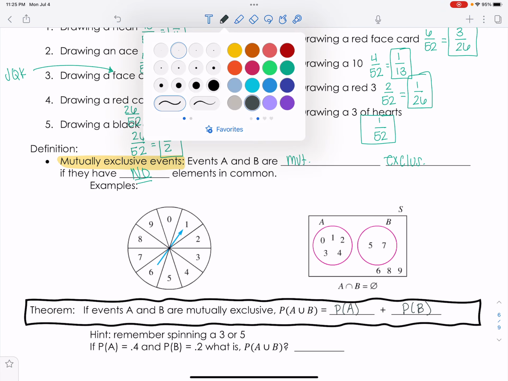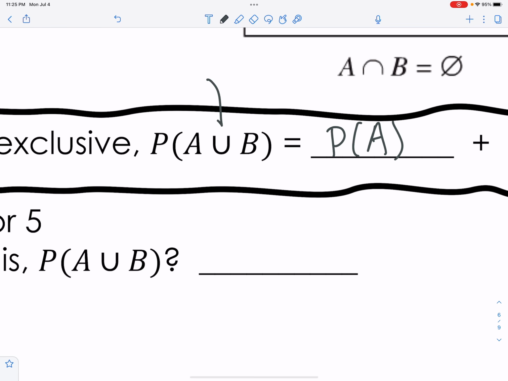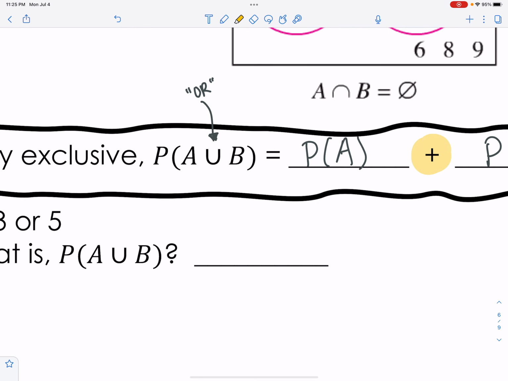We already did that definition earlier, but now we're just officially putting that on. This is read as A or B. So make a note to yourself that "or" is going to be your clue to add them. And I'm going to also highlight that operation there.